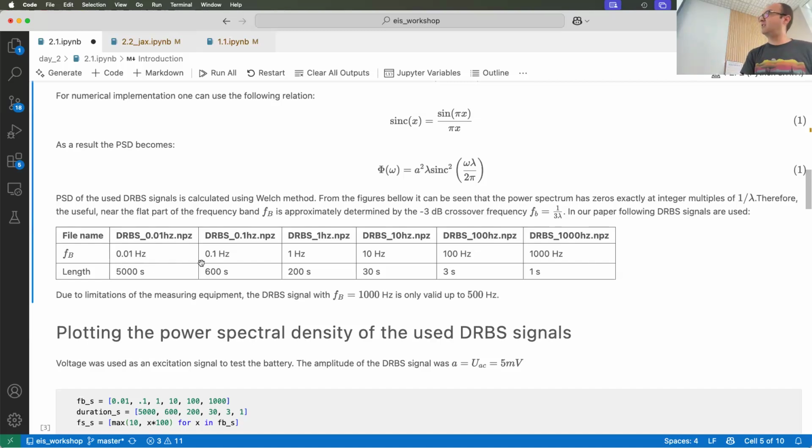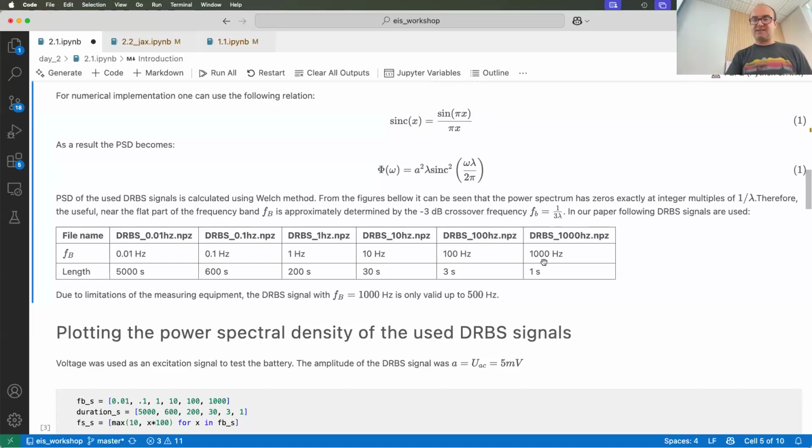And this now exponentially dies down for 0.1 hertz, for 1 hertz, 10 hertz, 100 hertz. For 1,000 hertz, we are even in milliseconds, but we say, okay, generate a 1 second signal, who cares?